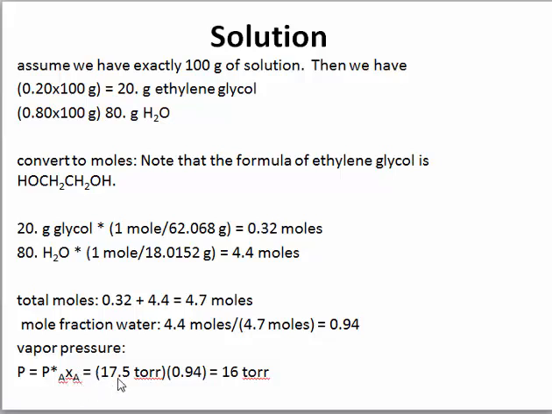We do not need to include a term for the glycol because its vapor pressure is 0. The answer is 16 torr. By adding glycol to water, we lower the vapor pressure from 17.5 to 16.